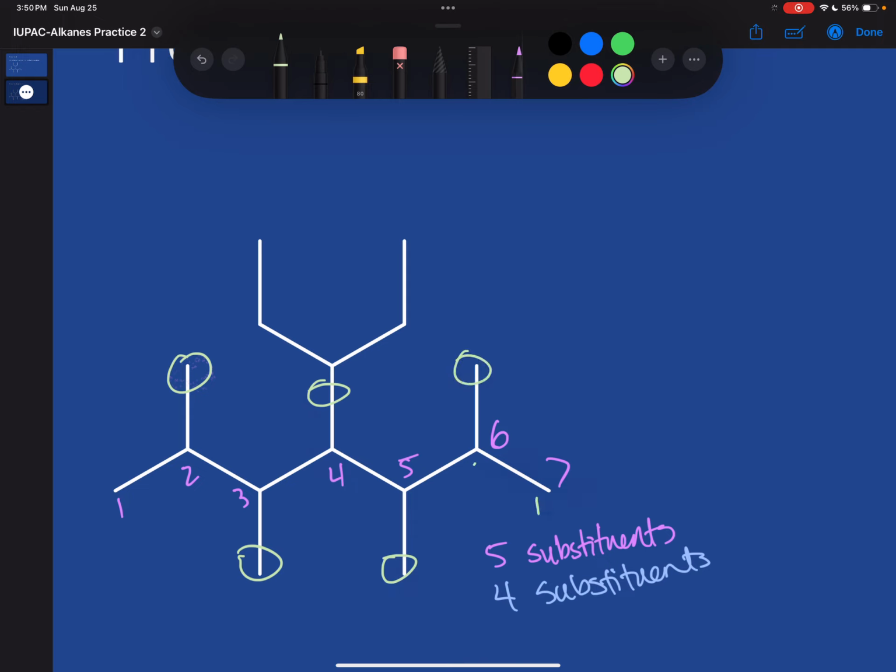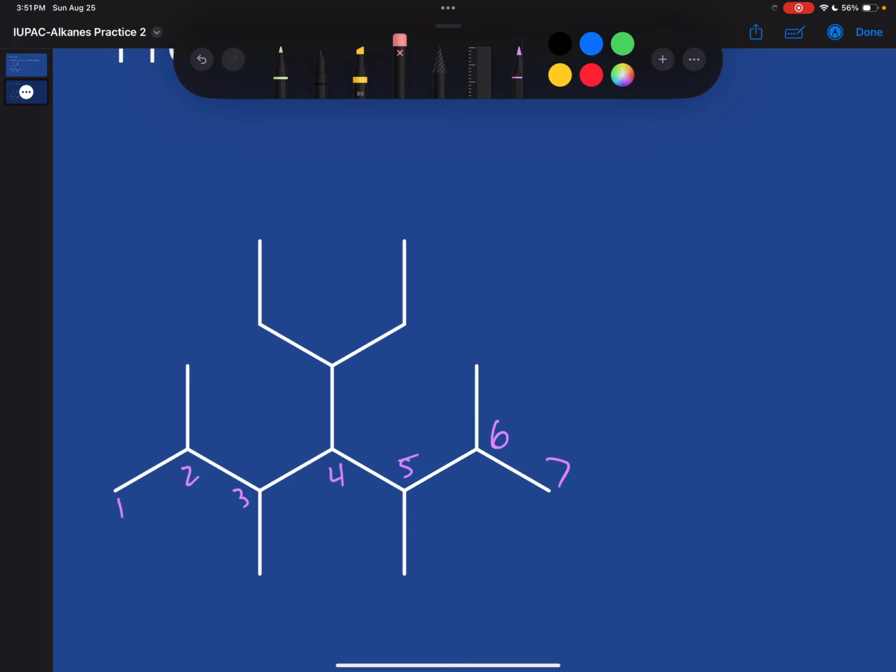If I go the other way, I'm still going to have a 2, 3, 4, 5, and 6. So it truly doesn't matter which way you number this, left to right, right to left. You should get the same answer. And in fact, that's probably a good exercise for you guys to try. If you want to look at left versus right, the answer should be the same.